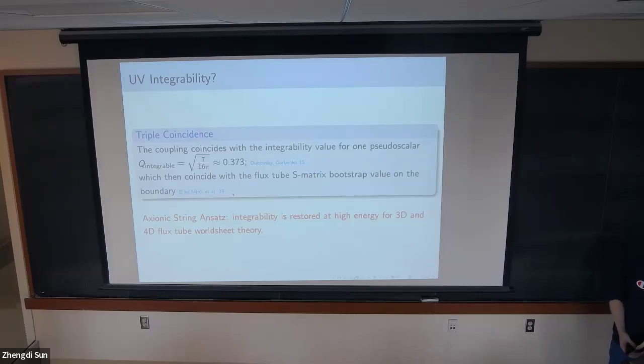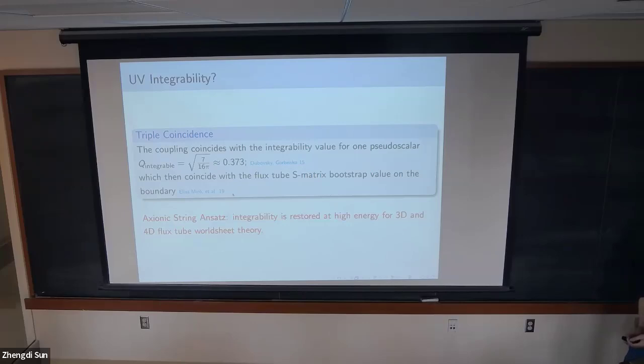But integrability can be achieved just by introducing, for example, one pseudoscalar, which couples to the massless particles with some coupling that can be computed exactly. And here it is given by approximately 0.373. And we see that surprisingly, they match very well within error.